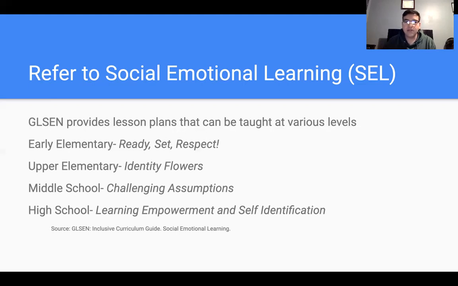In high school, it's Learning, Empowerment, and Self-Identification, which encourages students to explore how to self-identify and how that can be empowering. Whole discussions on what it means to be proud of your labels, and this lesson also explores damages that can be done when labels are assumed by other people. Next slide.